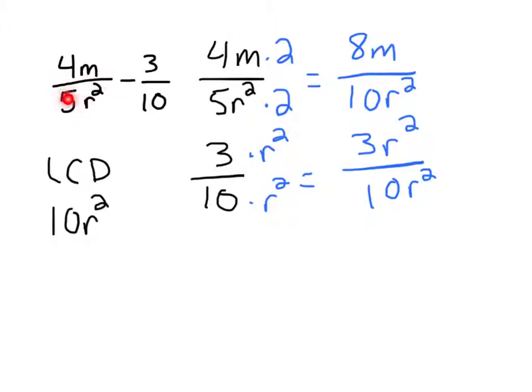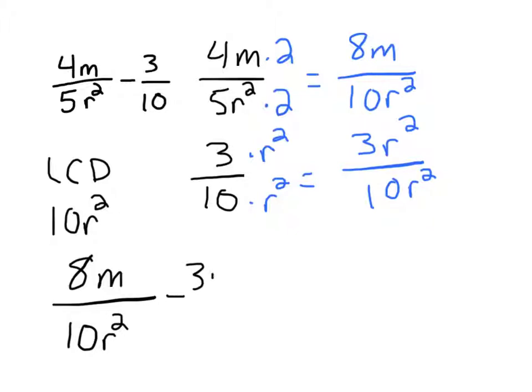Now, we're taking this portion right here minus this portion. So let's rewrite that right now. So we've got 8m over 10r squared minus 3r squared over 10r squared. That's a minus sign here.